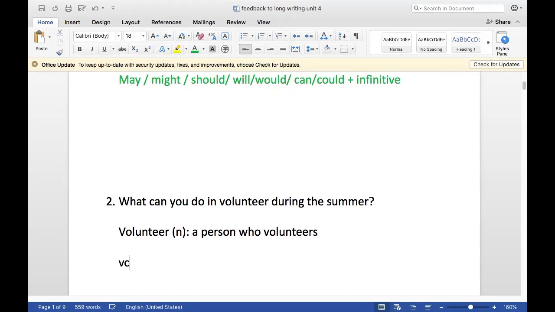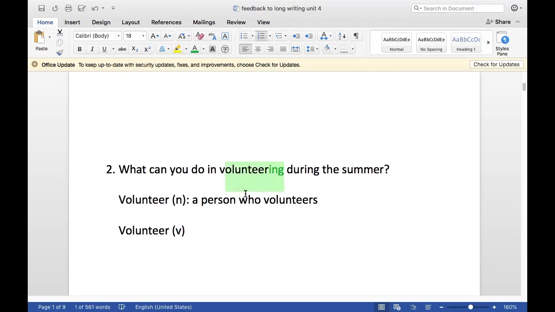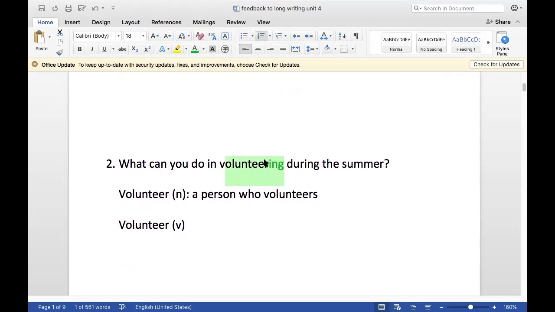So volunteer can also be a verb, but when you mean the activity, you have to use ing, volunteering, the same as singing, dancing, speaking, teaching, painting, drawing, shopping. It is an activity. When it is a noun, it's just a person.